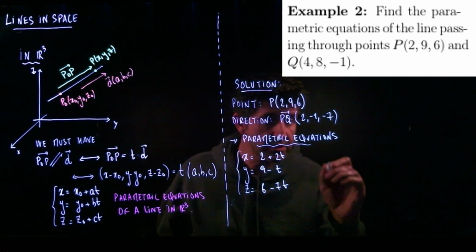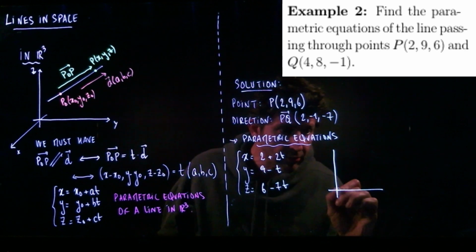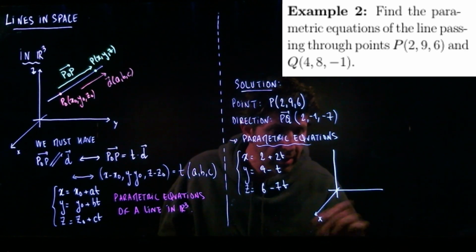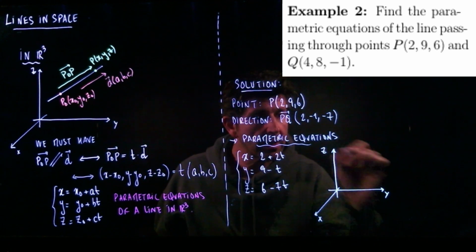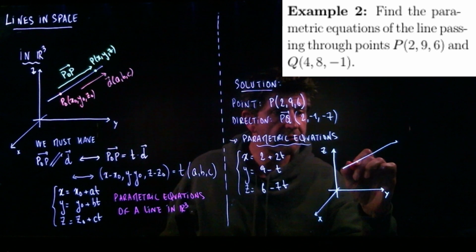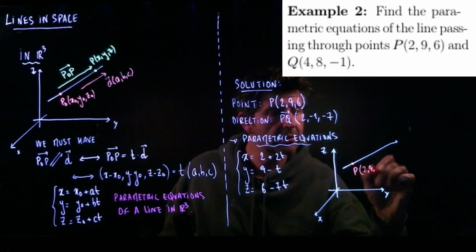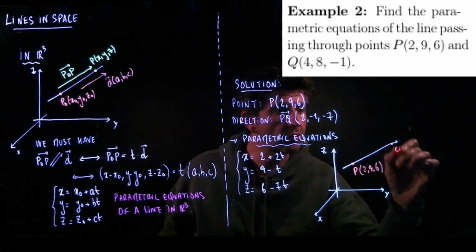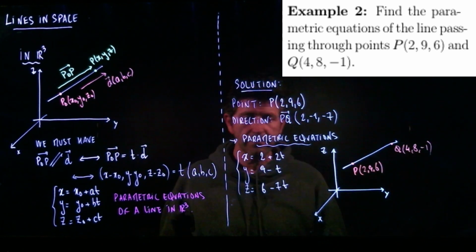So what does this really mean? We have 3 dimensions here, my 3 axes, and I have my line. And on my line, I know that I have point P(2, 9, 6) and my point Q(4, 8, -1).